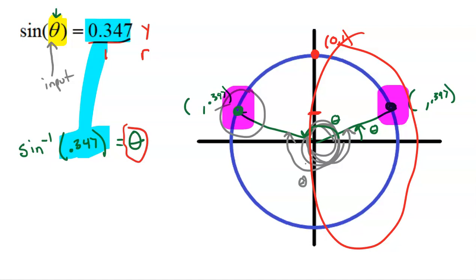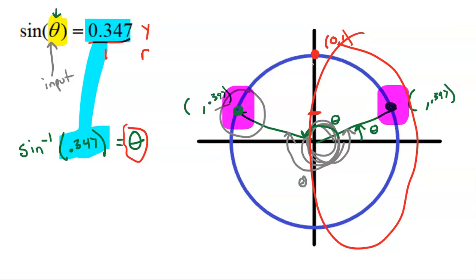I know it's getting a little bit confusing, so I might want to watch this video a couple times. So if I'm going to actually solve for theta, I have to limit myself. Now, again, this is where you have to understand, truthfully, there are infinite answers to this. But if I'm going to use the inverse sine to solve for this angle, I have to limit myself to any angle in this first quadrant and fourth quadrant.